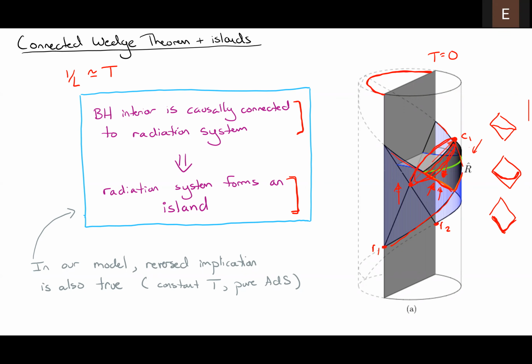And also, this is getting really messy. Also, it will happen that this region here, V, needs to be larger before it starts attaching to the brane. And the theorem tells you that whenever this light ray can reach the radiation system, that's when this region becomes large enough.